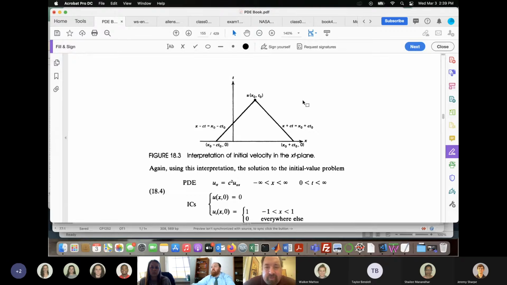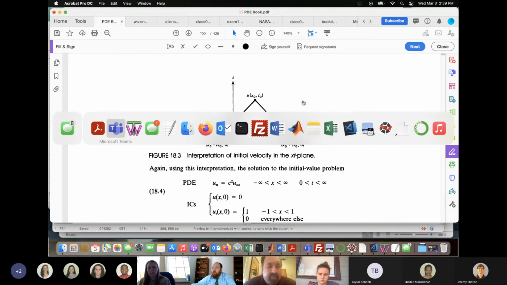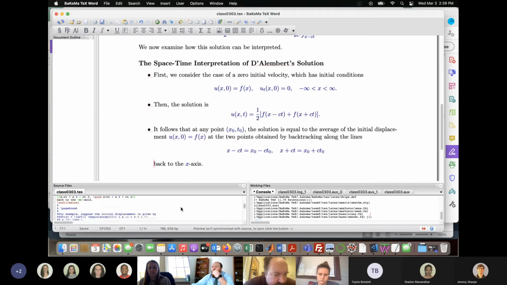So this could lead to some interesting behavior, especially in cases where the initial data is 0, except at certain points. That's what I'm going to look at right now as an example.